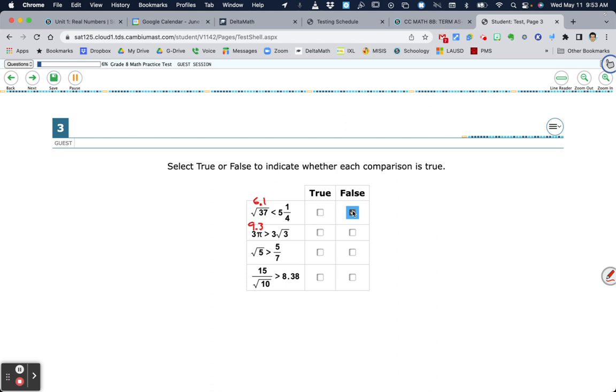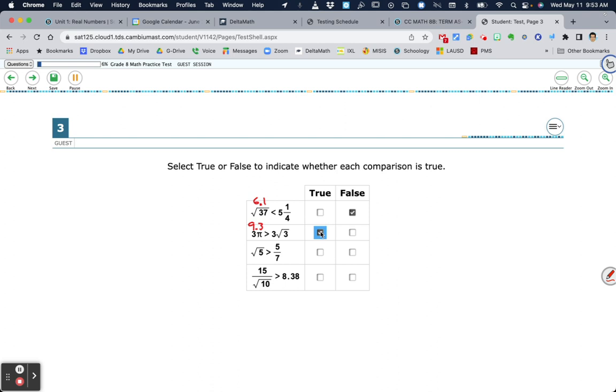Maybe 1, actually. Yeah. Maybe 1.5. So what's 3 times 1.5? Yeah, it's going to be less than 9. So is this one true? Yeah. Is this one true? Is 9.3 greater than 3 times pi? It's actually true, I believe, right? Yeah.